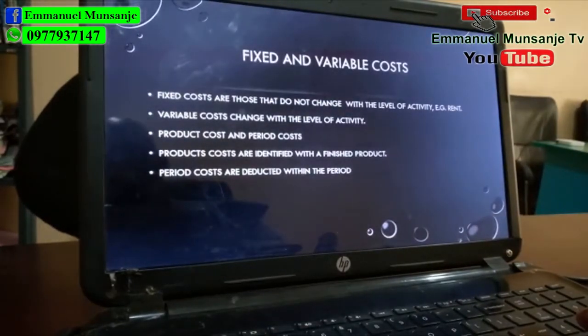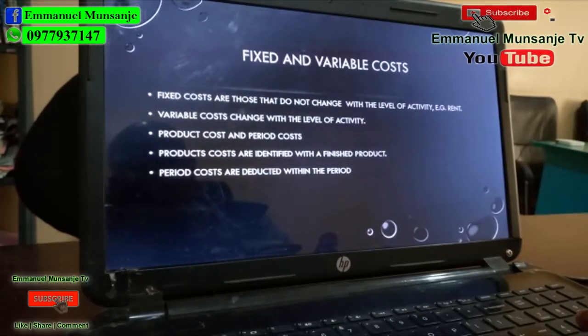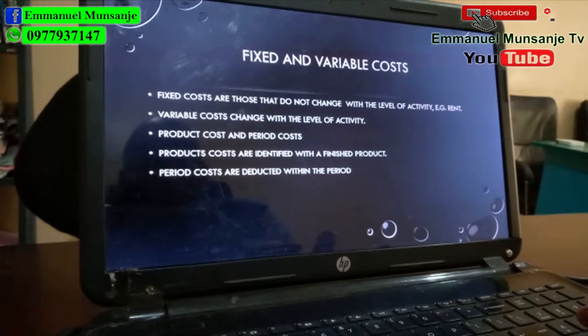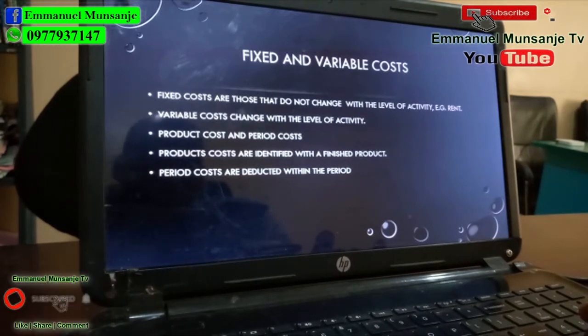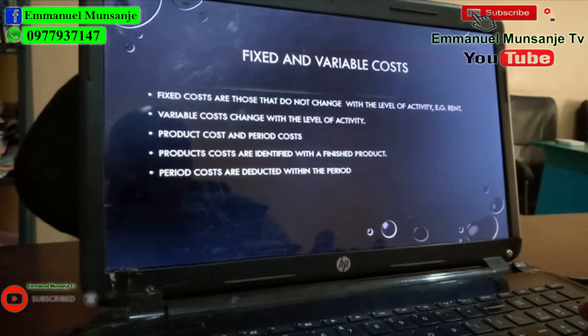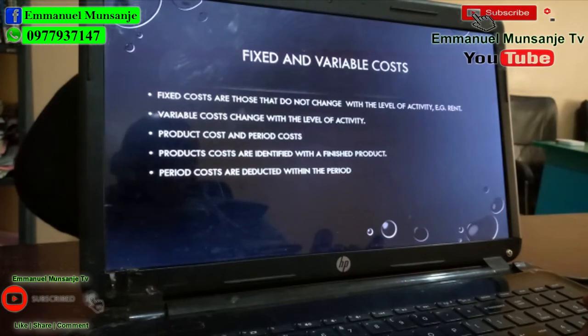Fixed and variable cost. The costs that are fixed do not increase or decrease as you escalate what you are doing. For example, rentals are an example of a fixed cost. If you are making 2 loaves of bread in one rented facility and you are paying 500 kwacha, as you increase the level of activities or the number of loaves of bread, that will still remain the same.